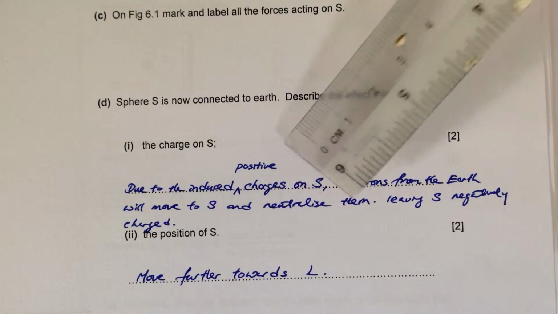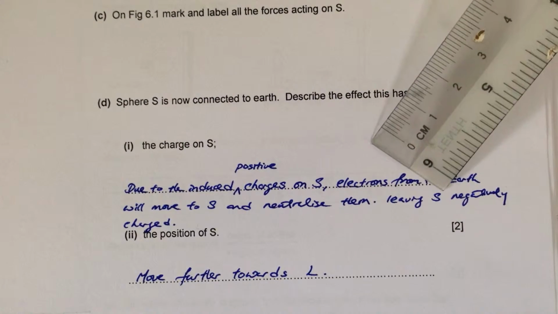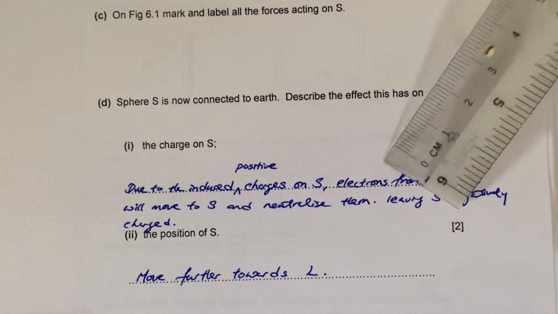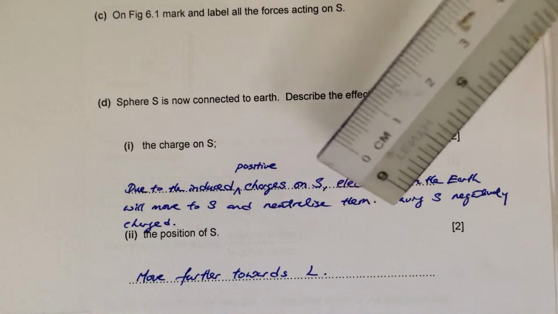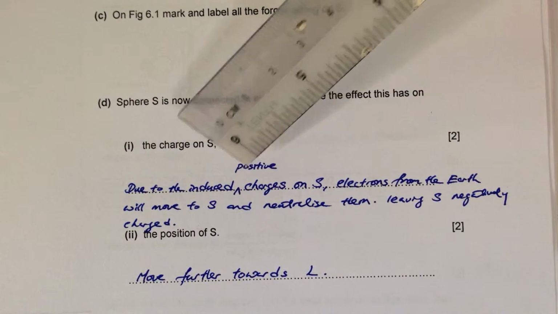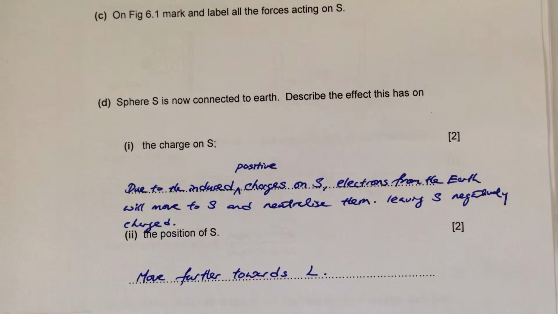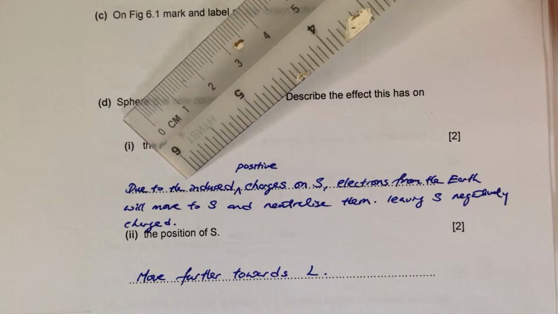Okay, this means that S will now have more electrons than the positive charges. So therefore, S will become negatively charged. Okay, the idea is the electrons from the Earth will move towards the induced positive charge. And as a result, S will now carry more electrons than the positive charge. So therefore, S becomes negatively charged.